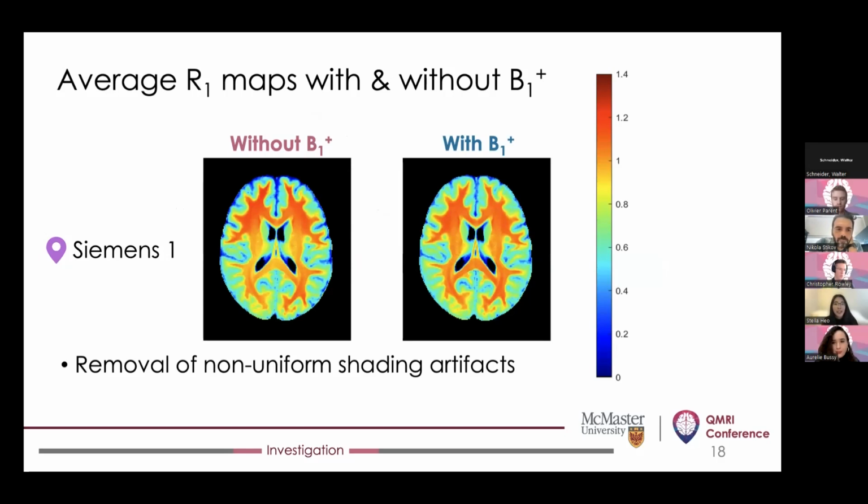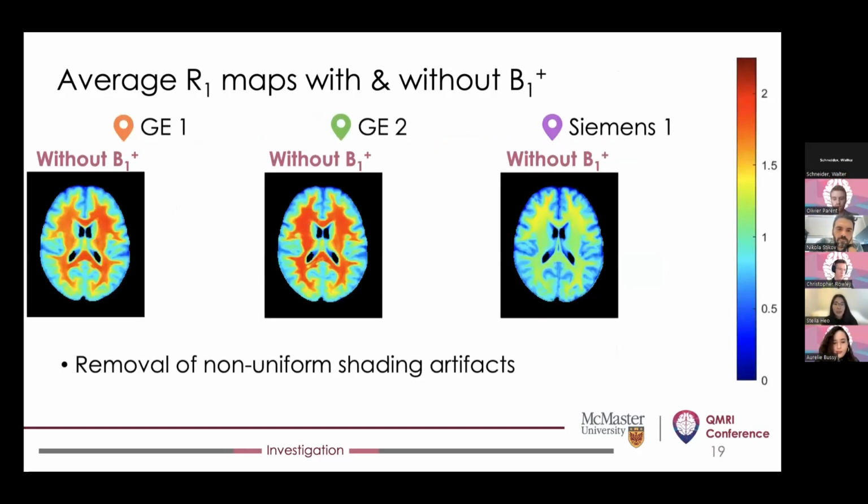And when we compare these average R1 maps across the sites, we do have a different color map here just to accommodate for a range of R1 values we saw across sites. But we can see that across sites without the B1 plus correction, there is a considerable site difference between the sites, especially in the white matter.